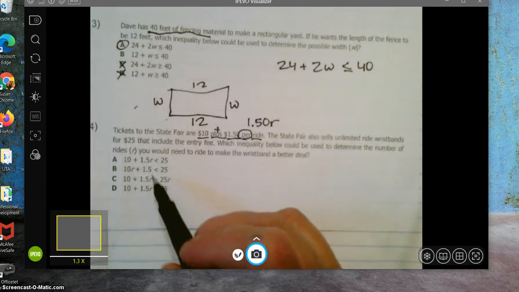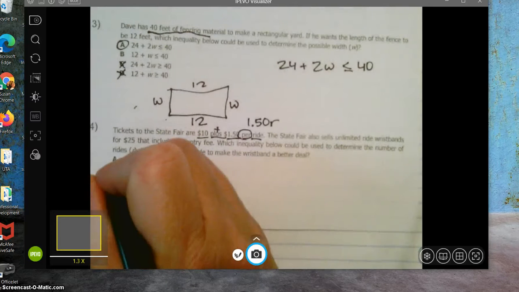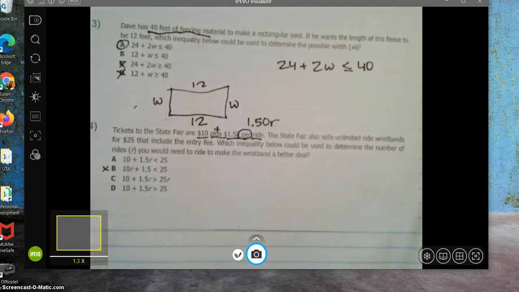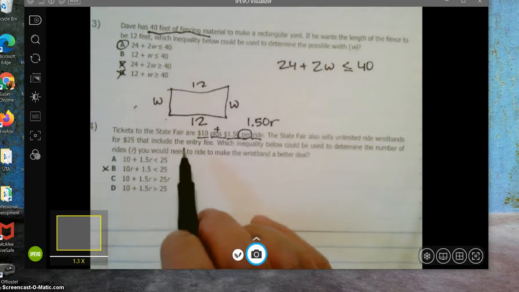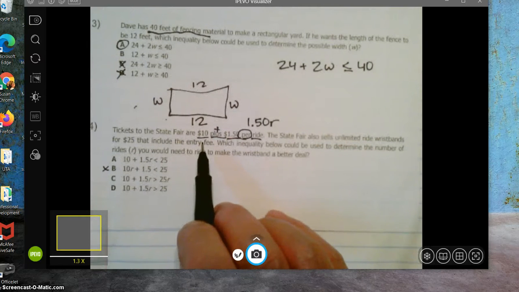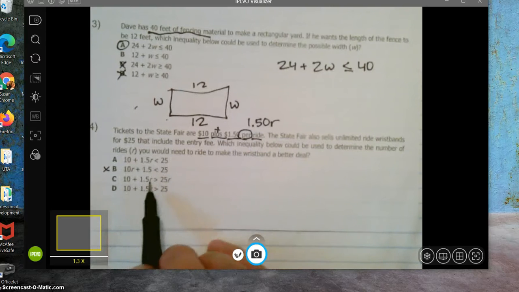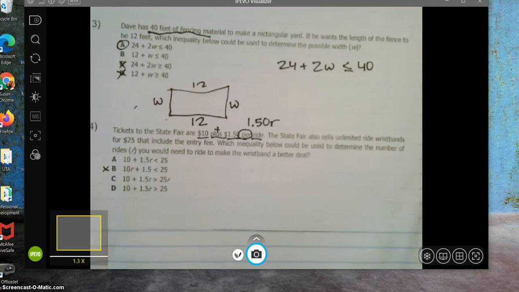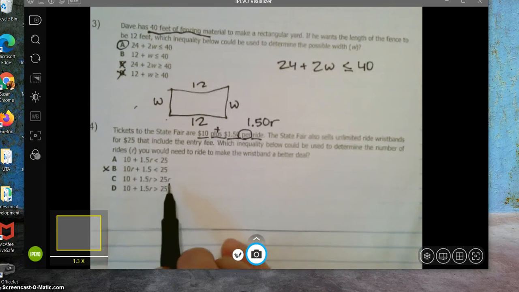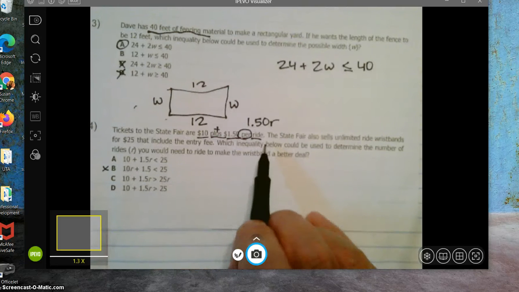So when I look over here, that's going to tell me B is wrong. Because the R has to be next to $1.50. So the state fair tickets are $10 plus $1.50R. So that doesn't help right there. And I'm almost positive this C is wrong, but I'm going to keep reading to make sure.